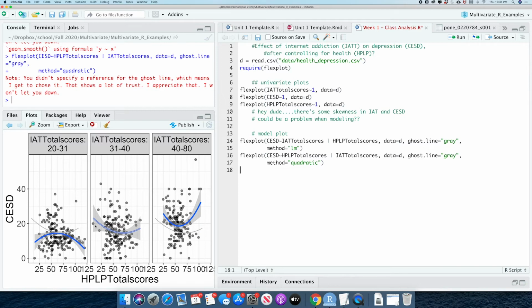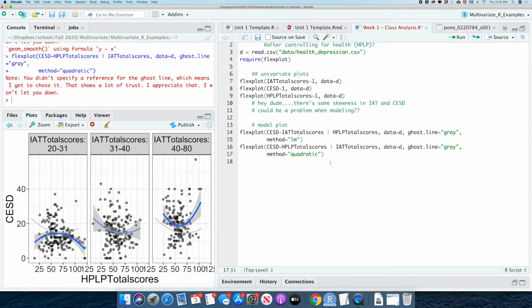So this presents some unique challenges, and this is exactly why we need to visualize the data first, because maybe the visuals say, well, the model that you originally wanted to do, yeah, it's not a good model. And so at this point, I'm inclined to try to fit a linear model. Well, I'll just make notes to myself. So maybe I'll make it up here, just to keep things consistent.